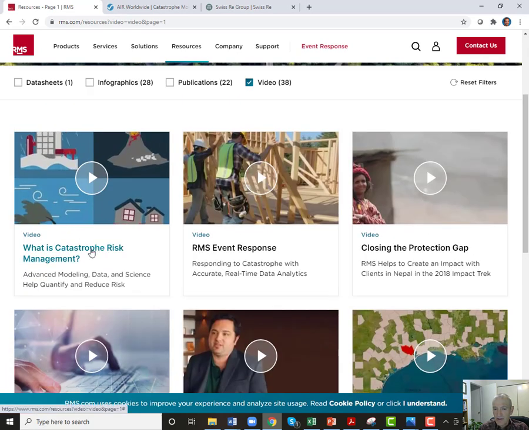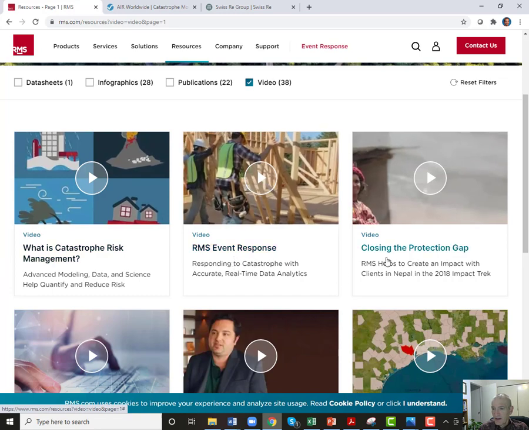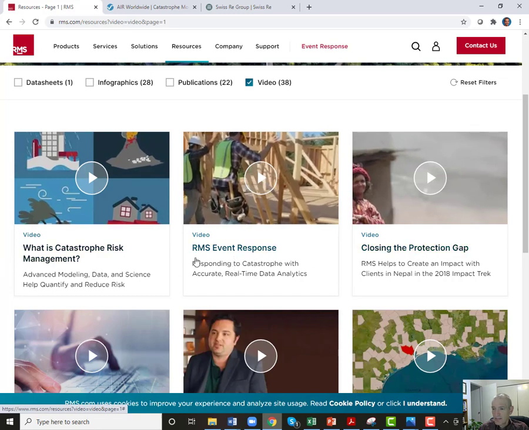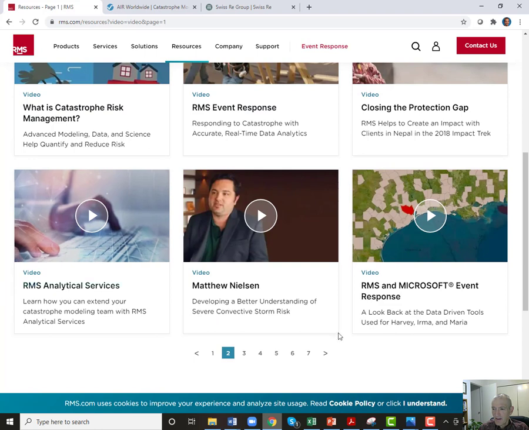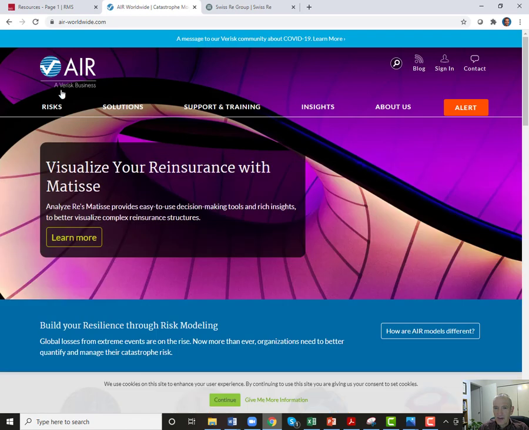What is catastrophe risk management? Closing the protection gap. Just a lot of topics. And then AIR is mainly focused, they started off mainly focused on hurricanes, but they do all these risks as well.